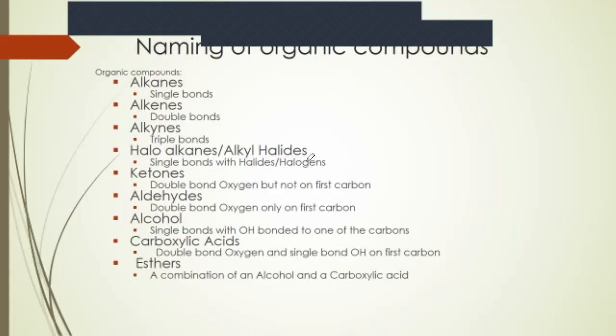Then you've got your ketones, which have a double bond oxygen. It's bonded to a carbon, but not on the first carbon. Maybe second carbon, third carbon, fourth carbon. It doesn't matter. It depends on what type of ketone this is. This is your methanone.